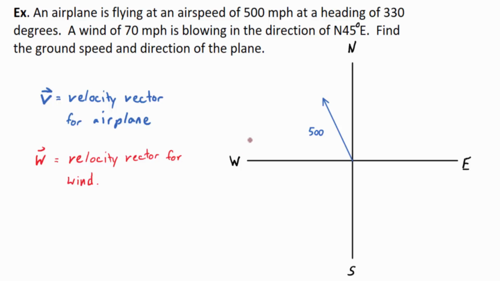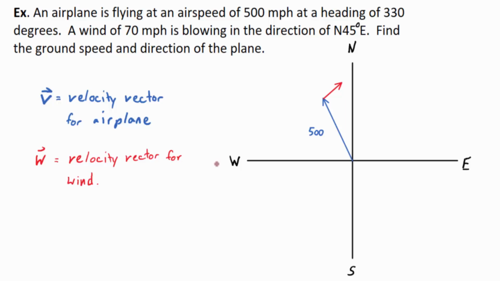And remember, the way we add vectors is, well, I'm going to put the tail of W on the tip of V, and I'm going to head in a direction of what I think is 45 degrees from there, headed in the northeast direction. But it's got to be a length of 70, right? So it's going to be a lot shorter. So I'm going to call that my wind vector. I'm going to make it red.